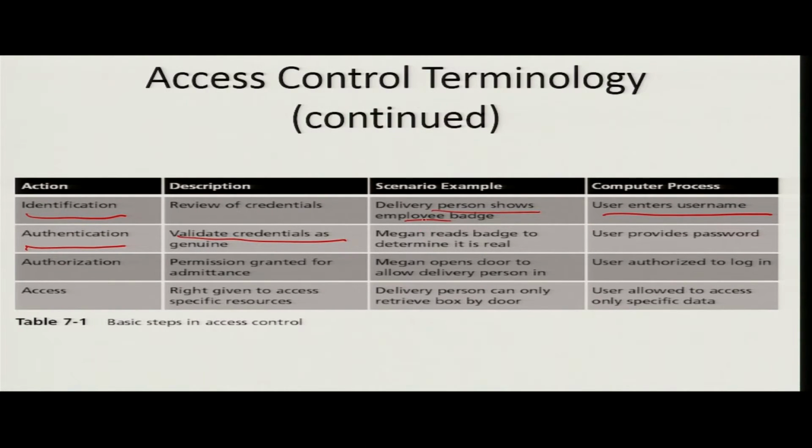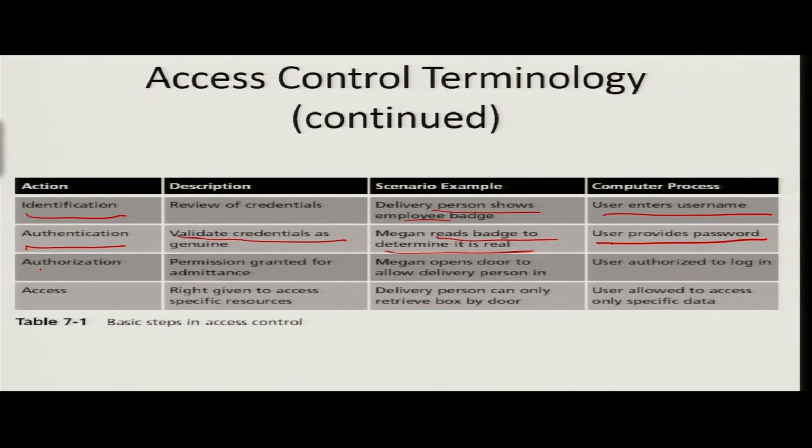The gatekeeper might read the badge and determine that it is real. It might actually scan the badge and the system may say that it is real. In case the user provides a password, the username and password combination is checked to confirm that this is indeed that user's password.